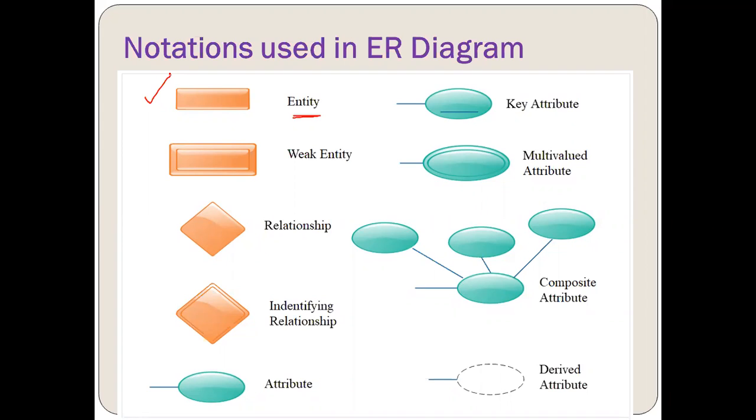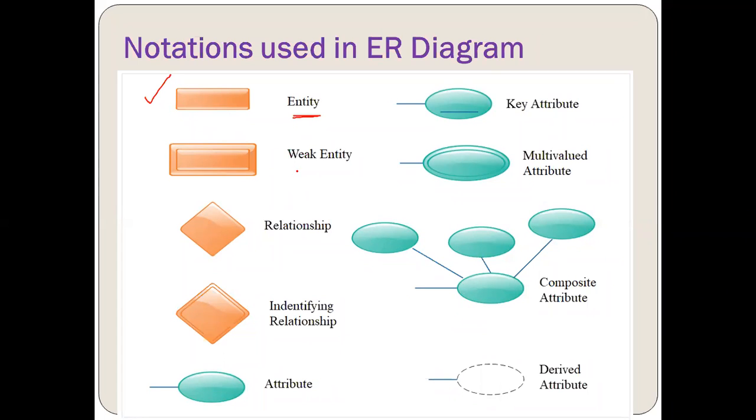It can be a university, school, books, different things, different people. These can be called entities. In generalized form, a crowd of people who are working together, let's say employees, can be termed as entities. Now, next thing is weak entity.